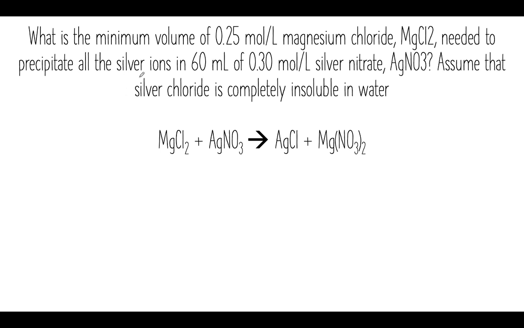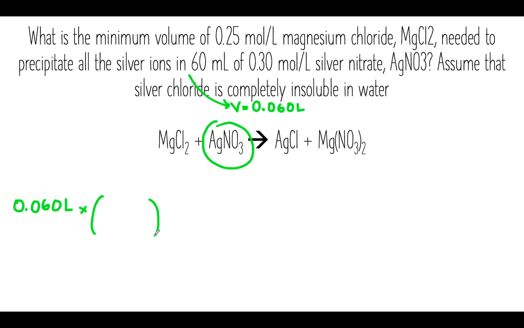So I'm starting off with finding the moles of AgNO3, right? And I have the volume here. Remember in the previous slide, we said 0.060 liters. And then the concentration of silver nitrate. So I'm going to use these two values to find the moles of silver nitrate. So I'm going to start off with 0.060 liters. And in order to find the moles, I have to have my units of liters cancel out.